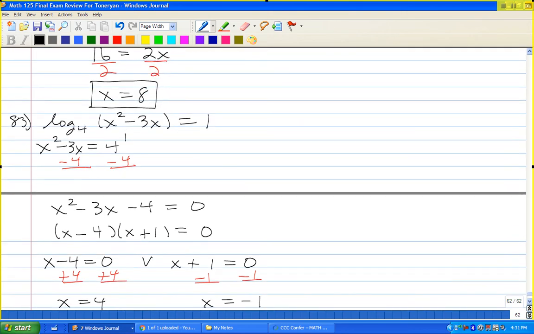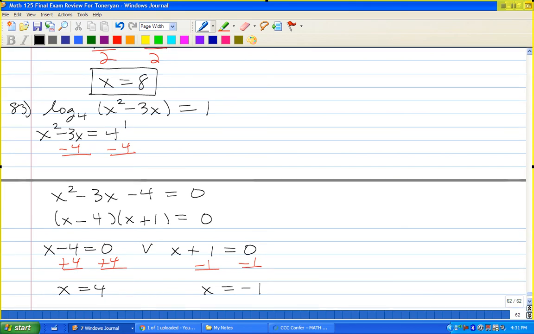Well, let's see. 4 squared is 16 minus 3 times 4, 12. Oh, that's 4. So that's a positive number. So I can certainly take the log of that. Let's plug in negative 1. Negative 1 squared is 1.